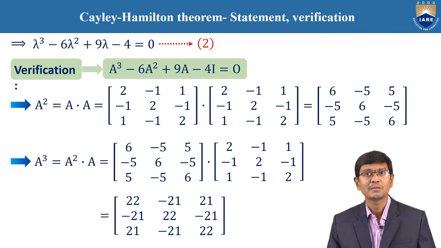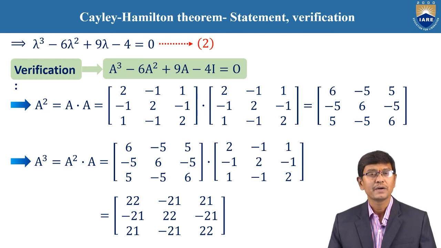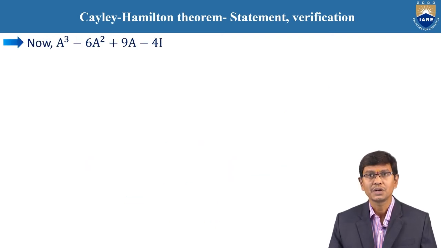Then according to this, the product of the 3 by 3, clearly we obtain the respective values: 22, -21, 21; -21, 22, -21. The last row is 21, -21, 22.